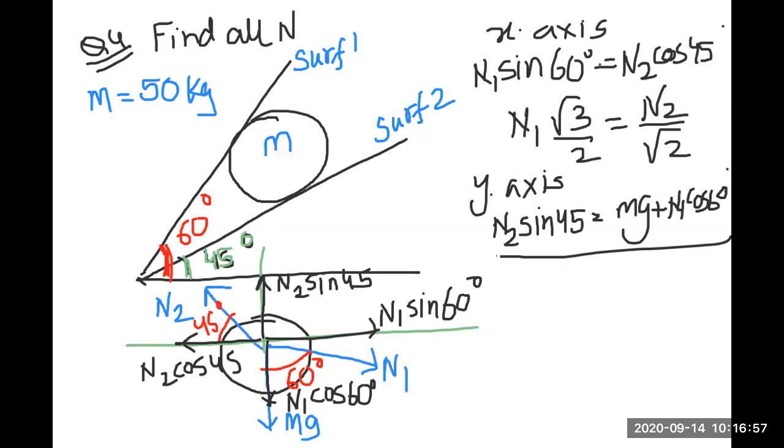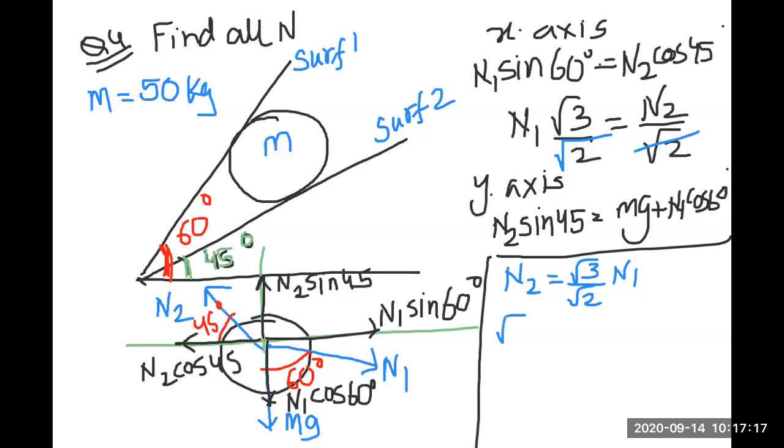अब मैं इसको सॉल्व कर लेता हूँ. सॉल्व करने के लिए I notice that this will cancel out and I'll get a root 2 here. n2 is equal to root 3 by root 2 n1.